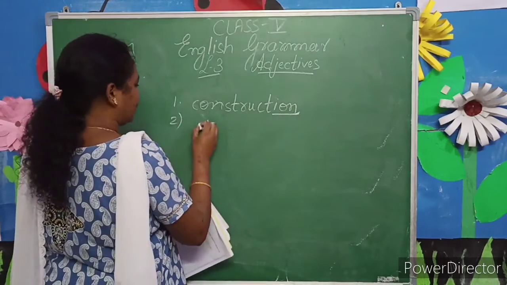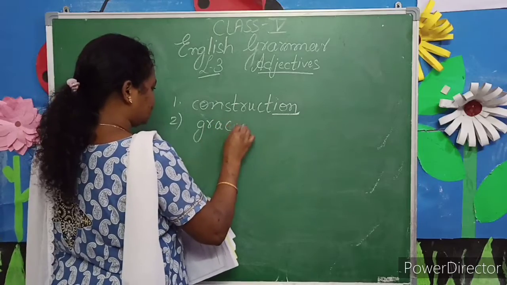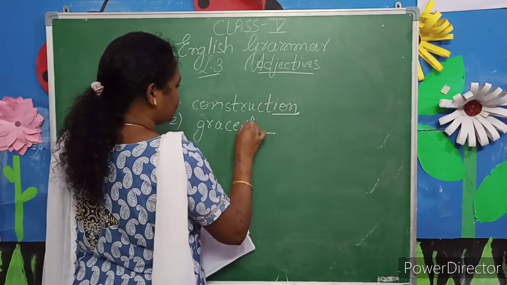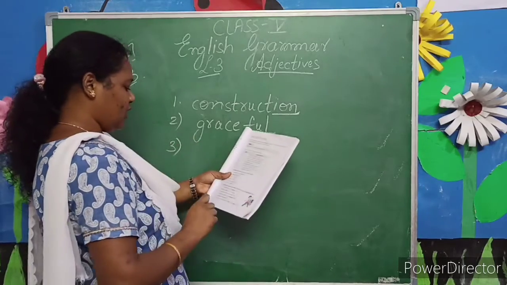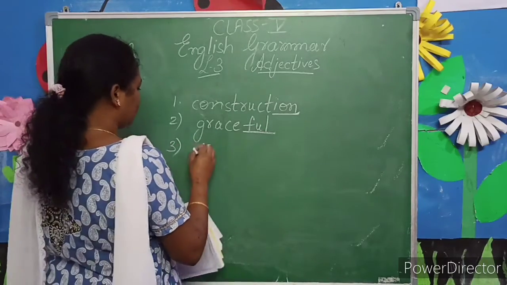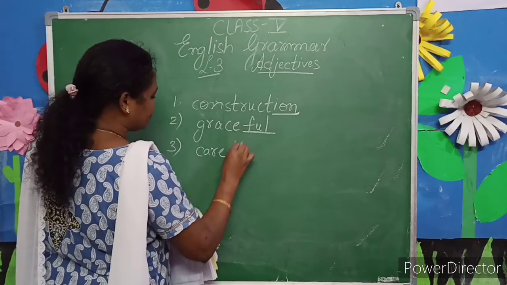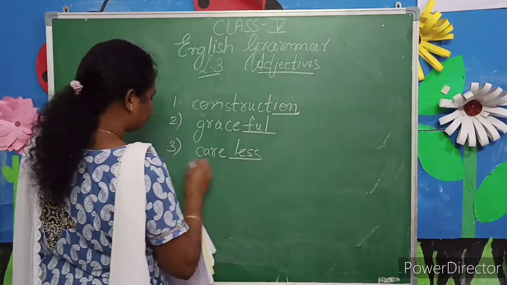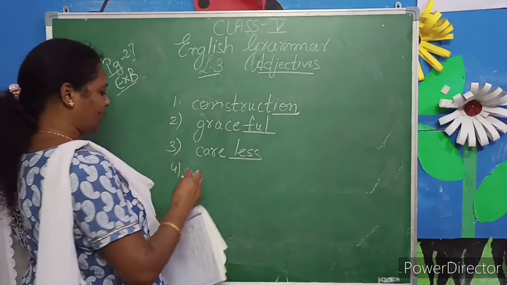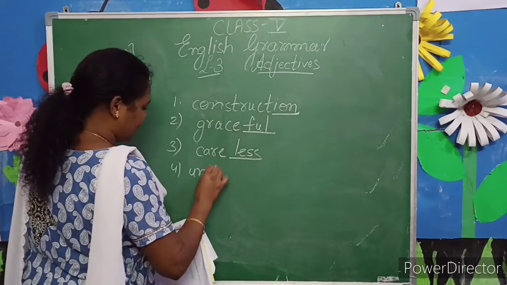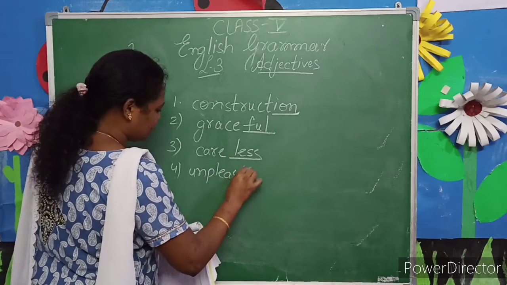Meher is a graceful dancer. They have given the word grace, so we have to add the suffix ful: graceful. He was scolded for being so careless. The quarrel created a lot of unpleasantness.